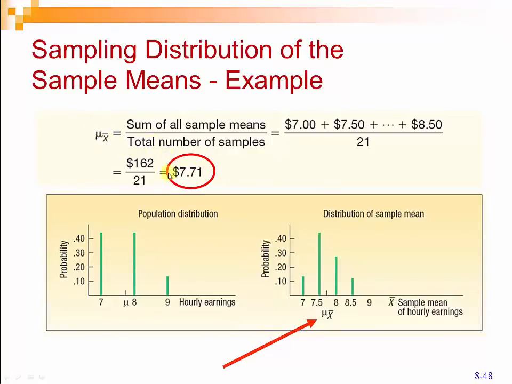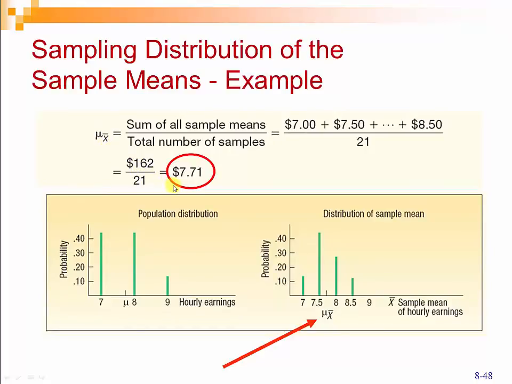And we found that it comes out to $7.71 as well. So the mu indicates that it is a population value because we have considered all possible samples, and the sub x bar indicates that it is the sampling distribution of the sampling mean.